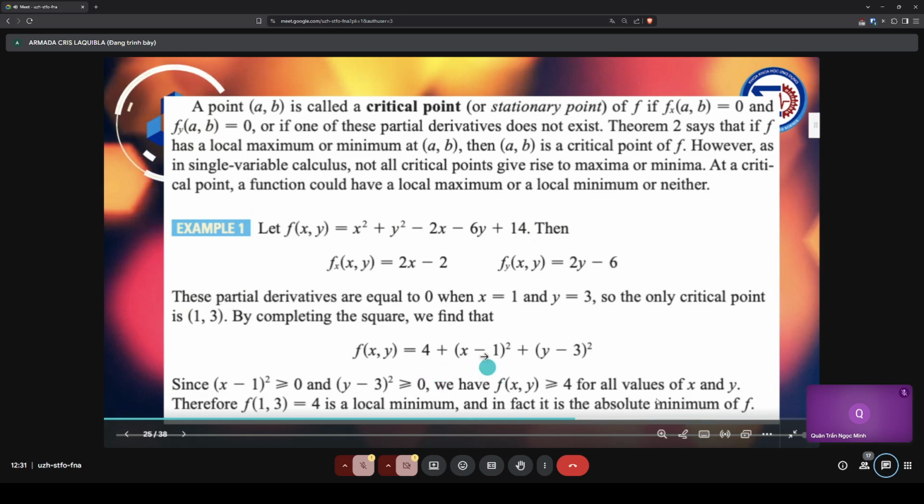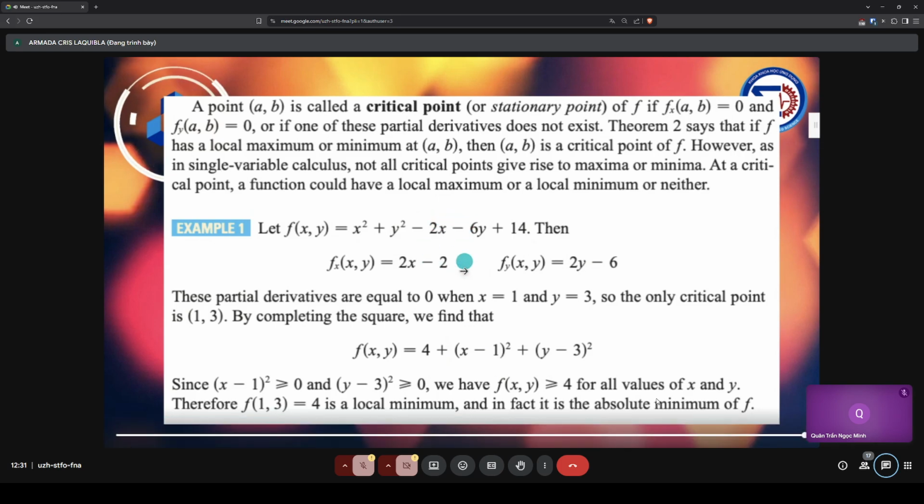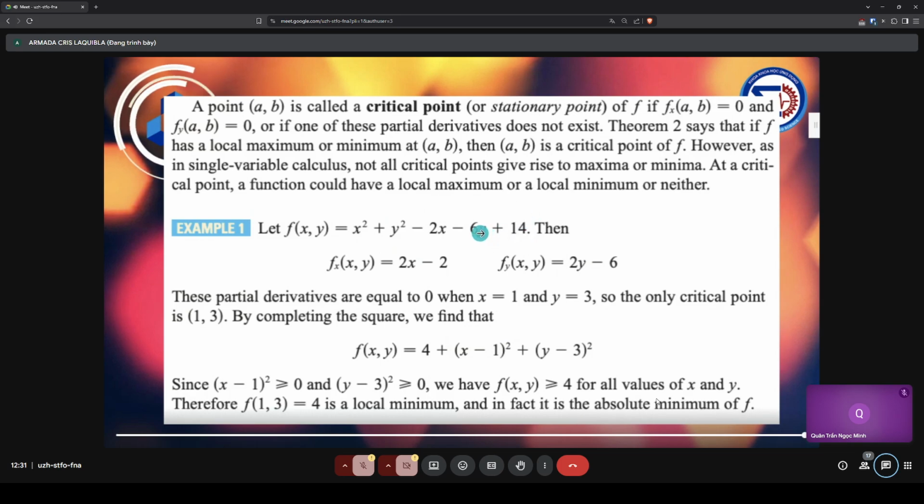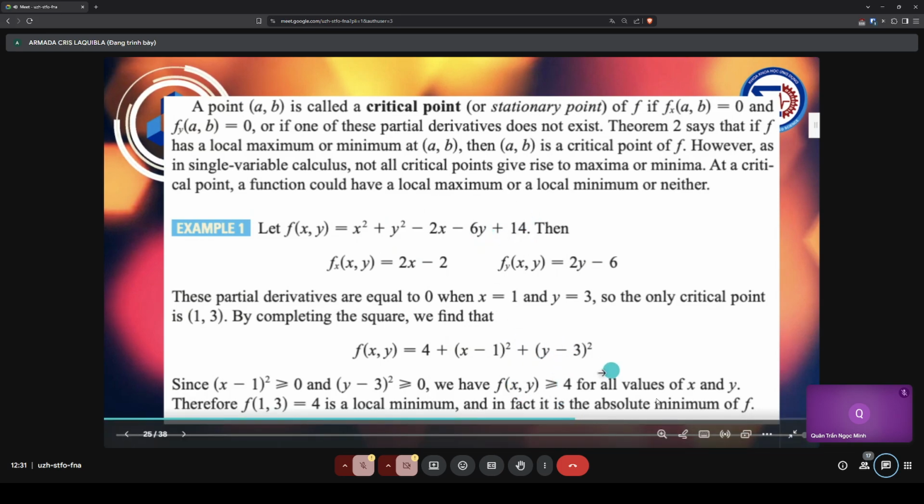Plus, now your x squared minus 2x plus 1 becomes (x minus 1) squared, and your y squared minus 6y plus 9 becomes (y minus 3) squared. This is now your f of (x, y).